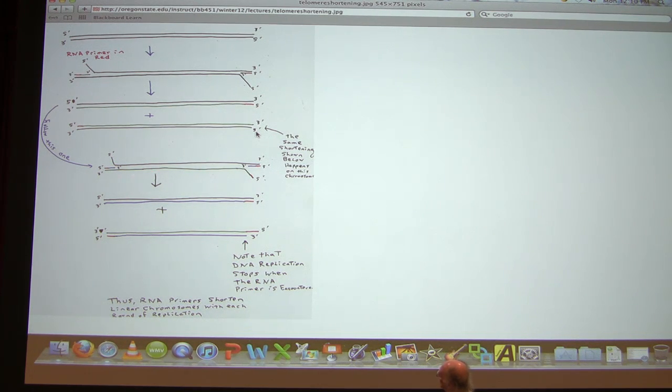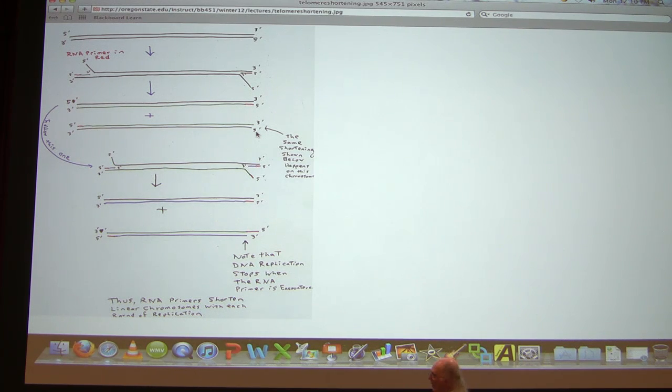However, we have a problem. Replication will only proceed until it gets to the red sequence. Okay? So here it's a little confusing, but this 5' down here is this 5' right here. All right? Replication continues, but DNA polymerase can't copy RNA.